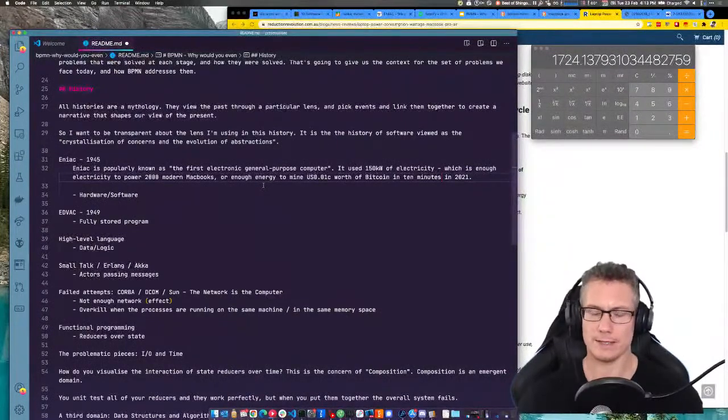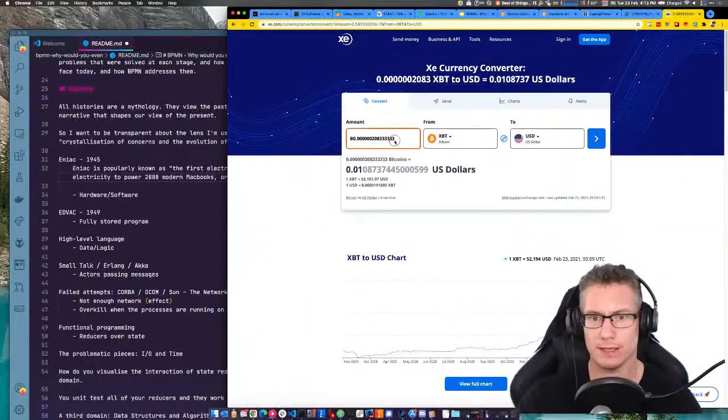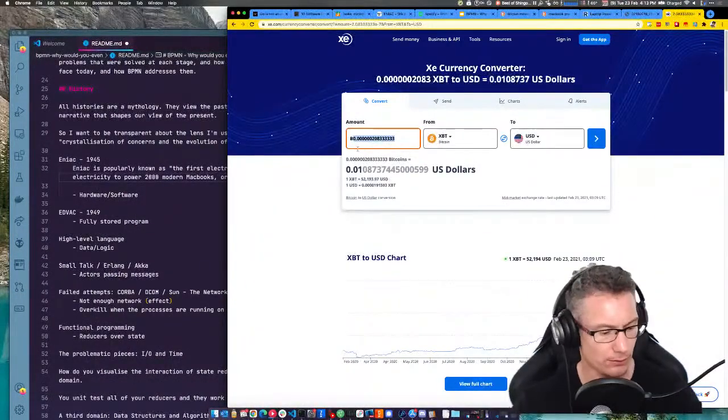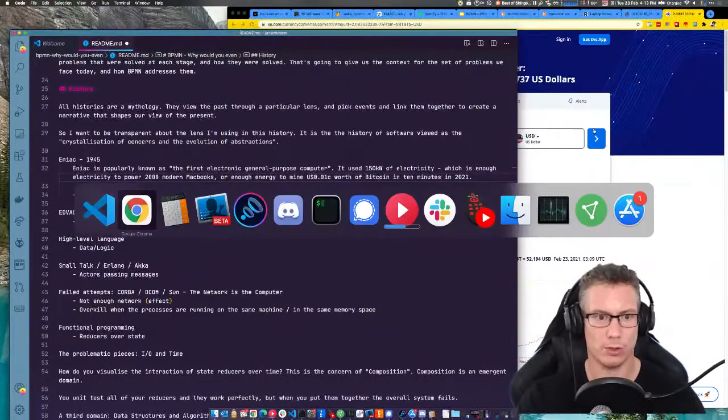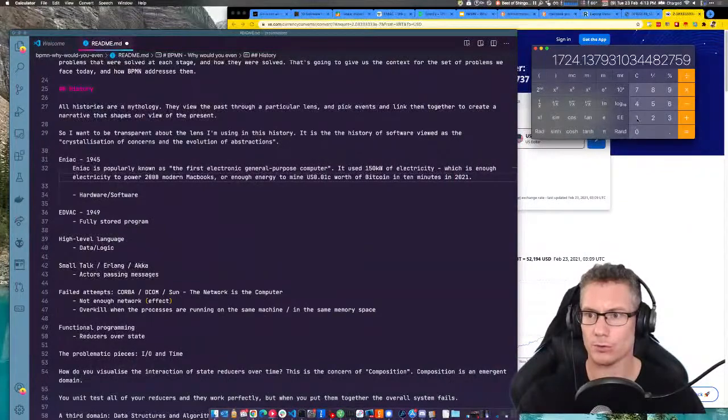That's a crazy amount of Bitcoin, because if I go back to XE and pull out this here, if I wanted to mine 1 Bitcoin, I would do 1 divided by, paste that number. That's how many 10-minute units I would need to do. Divide it by 10 to get it to 1 minute.